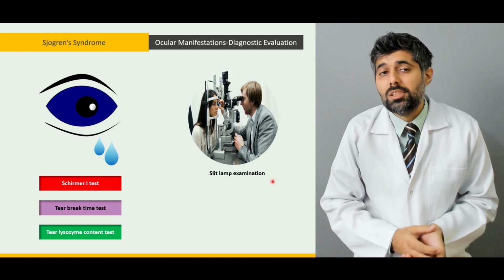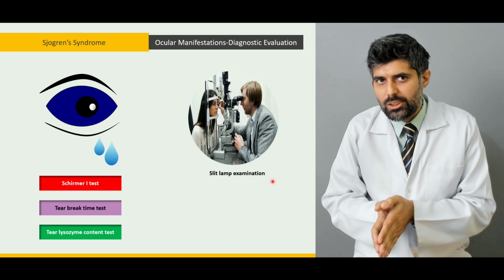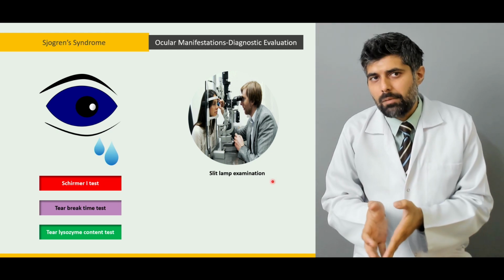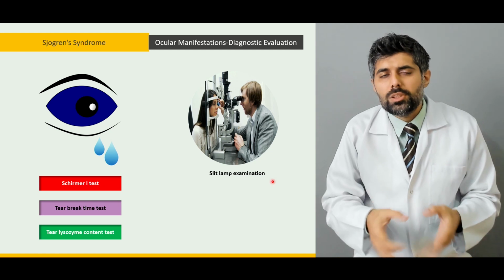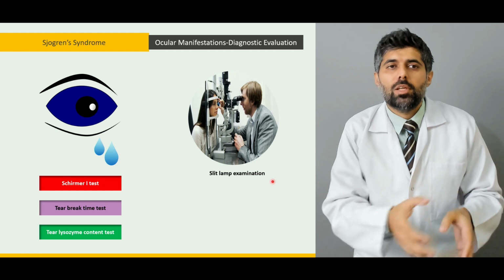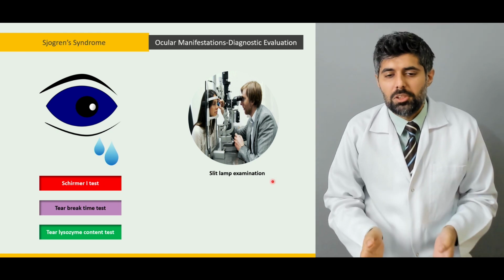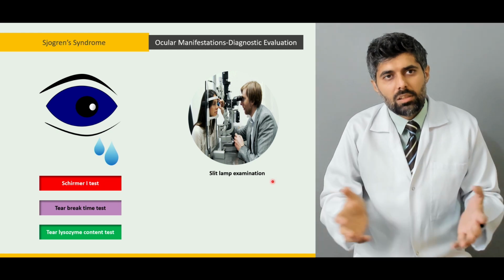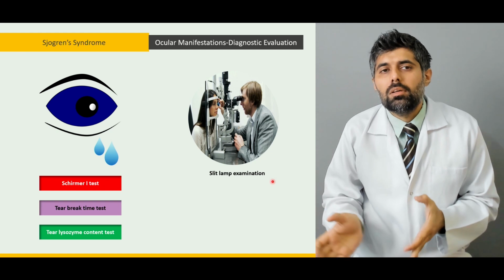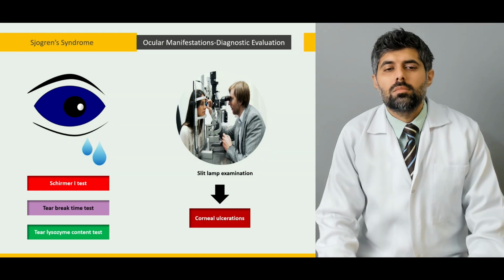And corneal ulcers can be visualized by a specific stain called the rose bengal stain or by a fluorescent stain. By using either one of these stains, we can easily identify if the cornea of the patient is intact or if there is some ulceration. And this ulceration, by using the staining method, is then examined via the slit lamp examination.